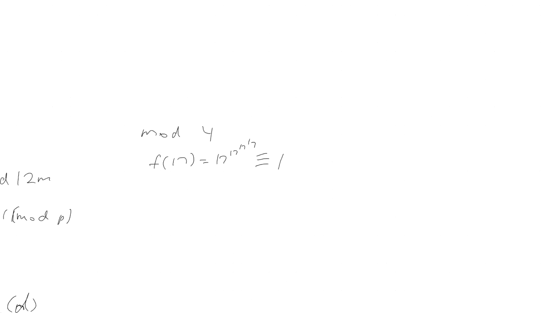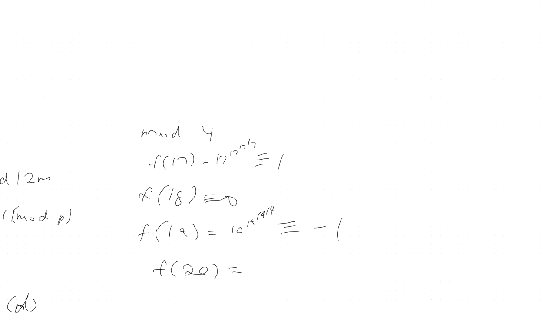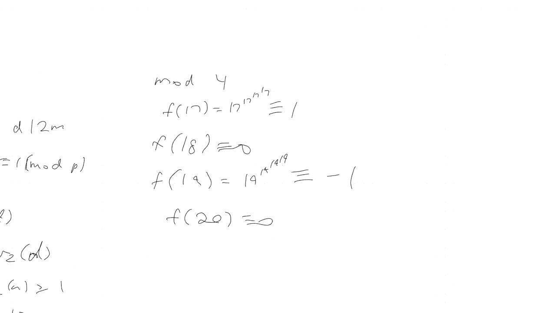Now F18, 18 is even, so this is just 0. And F19 is 19 to the 19 to the 19. 19 is negative 1 and the exponent is odd, so it's negative 1. And for 20, 20 is a multiple of 4, so this is just 0. So the expression is overall 0 mod 4.